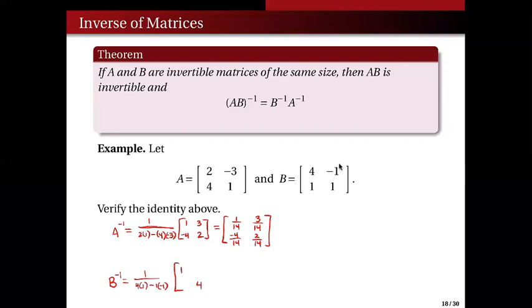And we negate. Negative 1, 1 here. So if we simplify this, 4 minus negative 1, so 4 plus 1, that's 5. So we will have here 1 over 5, and then 1 over 5, negative 1 over 5, 4 over 5.